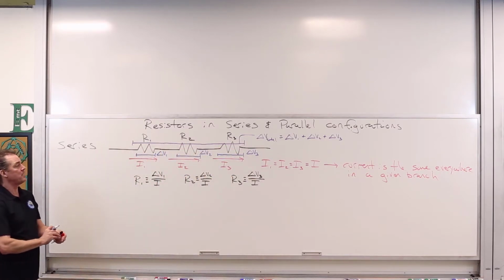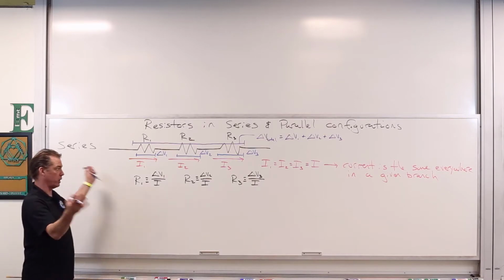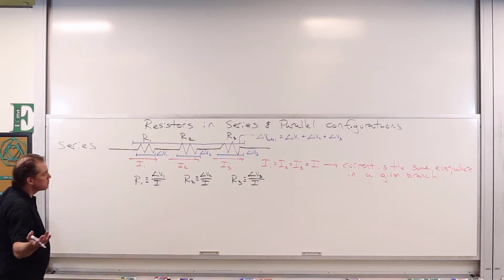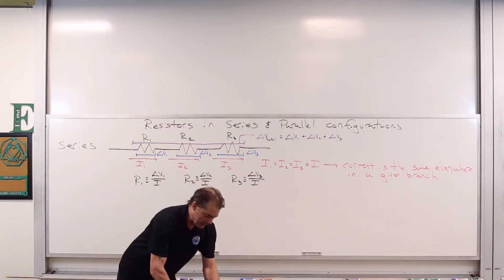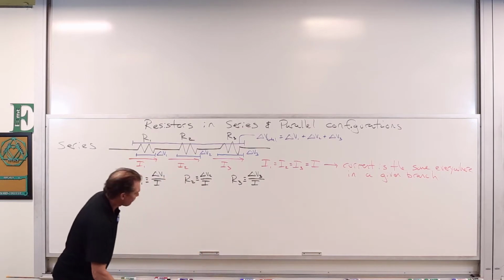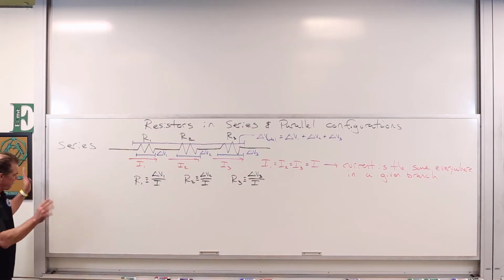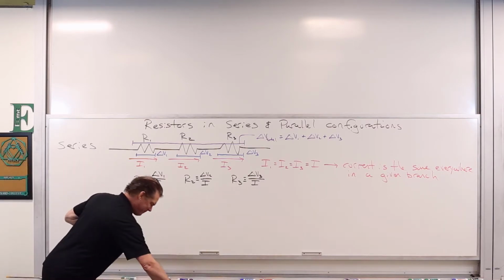That has to be the case by the conservation of energy. So that's basically how resistors behave in series. Now, what else could we do with this? Well, we could think about taking these three resistors and putting them together and saying we've just got one overall resistance.